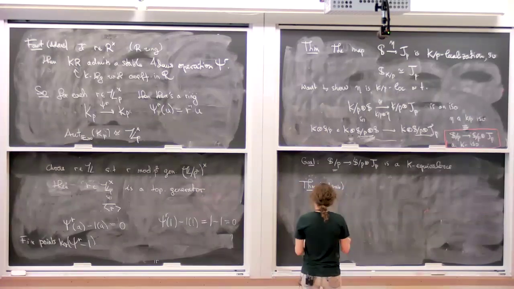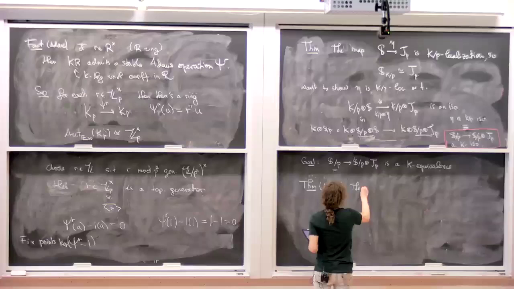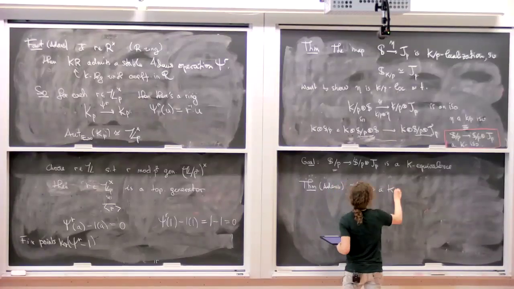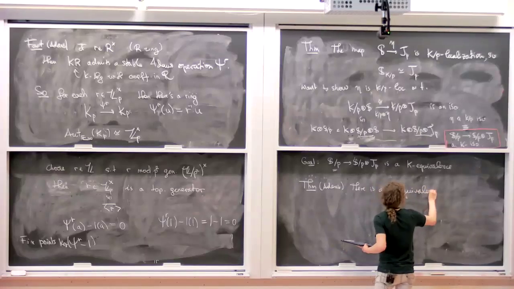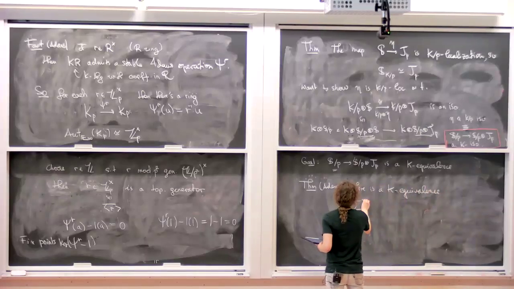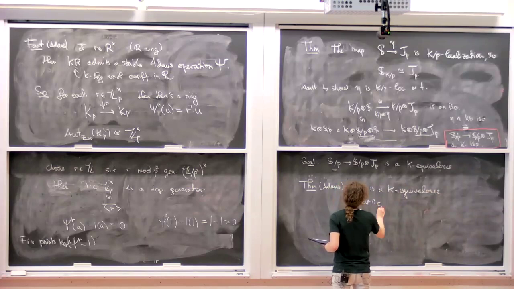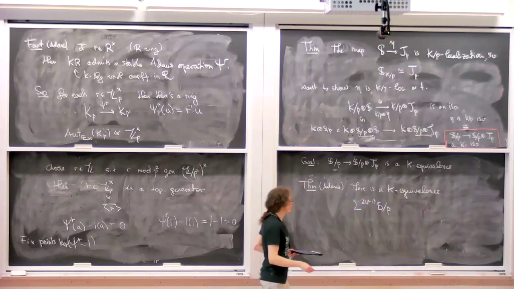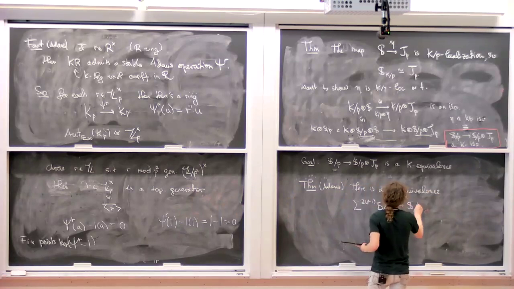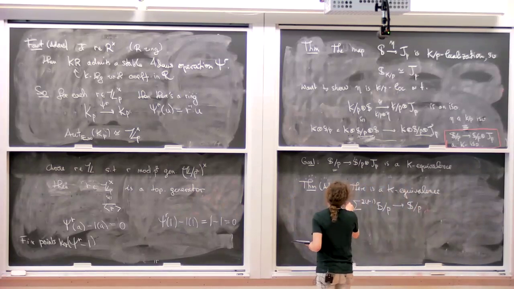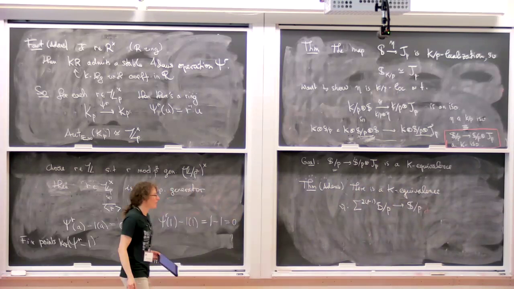Okay, so there's a K equivalence. So you have to suspend the sphere this many times to S mod P. And in modern language, we call this V1.